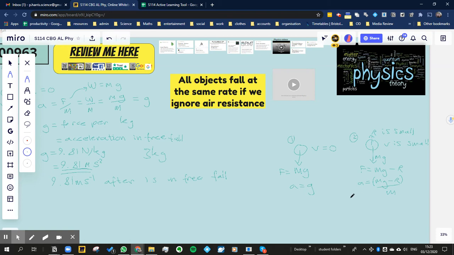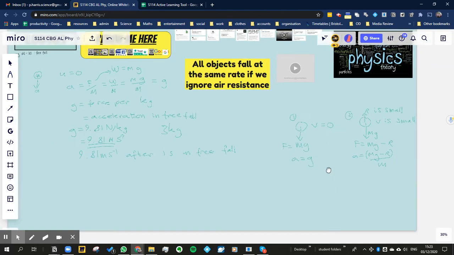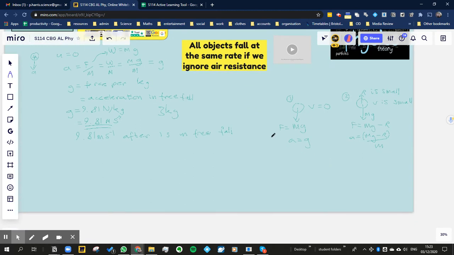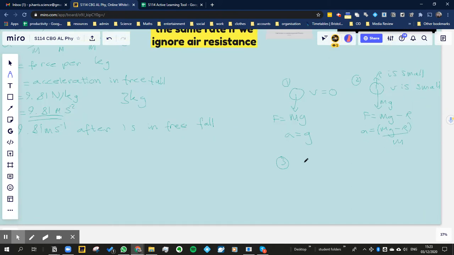Now that means the acceleration is reducing, but it's still accelerating, it's still getting faster, but it doesn't keep getting faster forever. As it gets faster, the air resistance gets higher, and eventually there's going to be a maximum point, once the air resistance is the same as the weight.